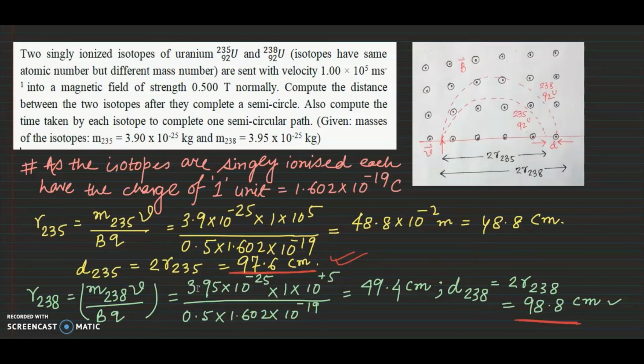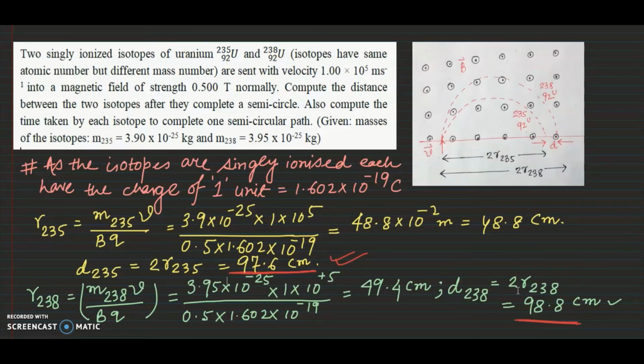Similarly, I calculate R238 for the 238U92 isotope. I will calculate the radius first. So it becomes M238 times V divided by BQ. If I calculate it, it becomes 49.4 centimeter.